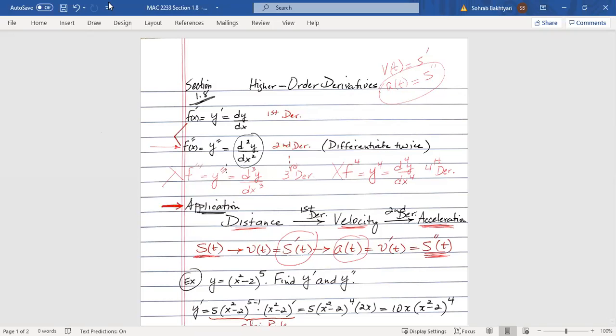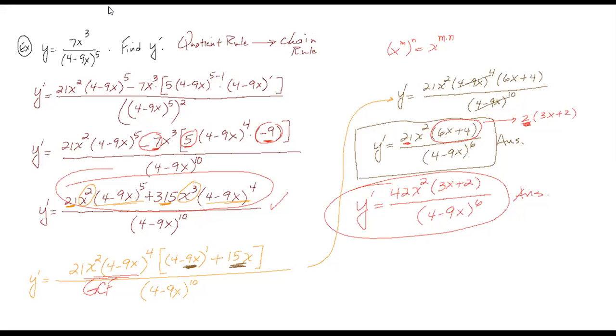Let's try it. Okay, so here is 1.8. Y equals x squared minus 2 to the 5th. Find y prime. And then I'll just say y double prime.